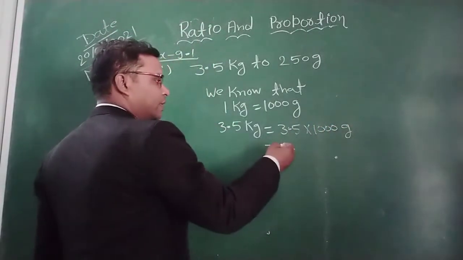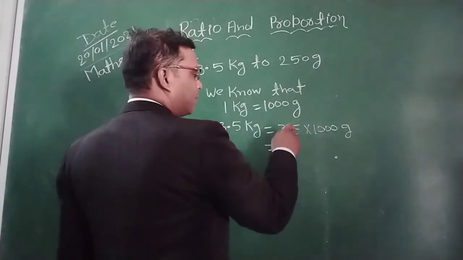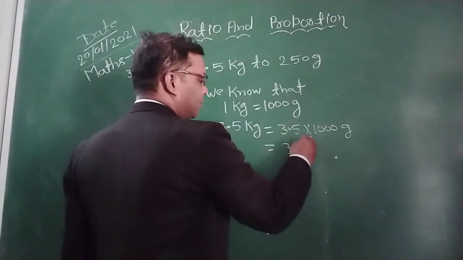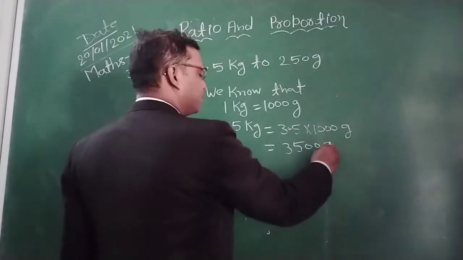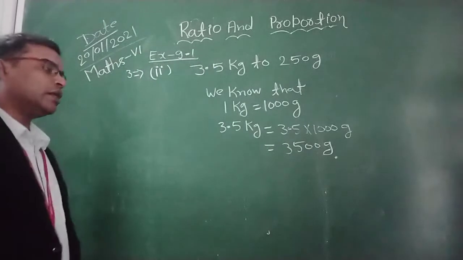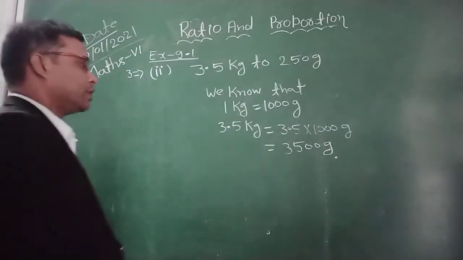This is equal to what? The zeros will be cancelled by the decimal, then we get 3500. Okay, so it becomes 3500 grams.